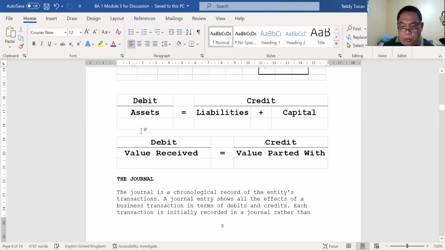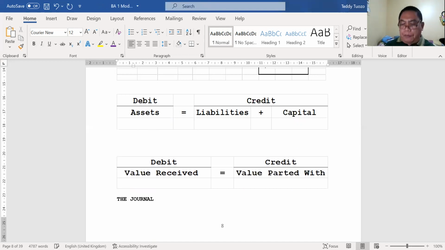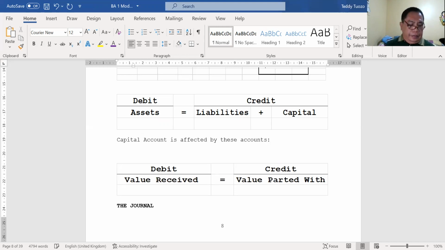Remember what will happen to the capital account. If there is an investment made by the owner, the capital account is increased.